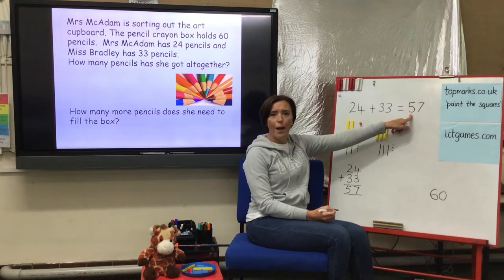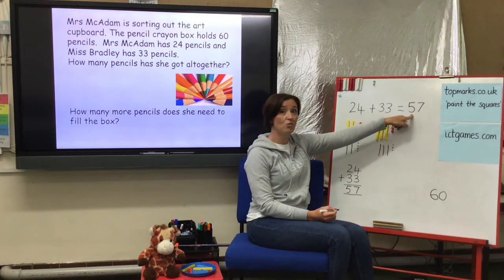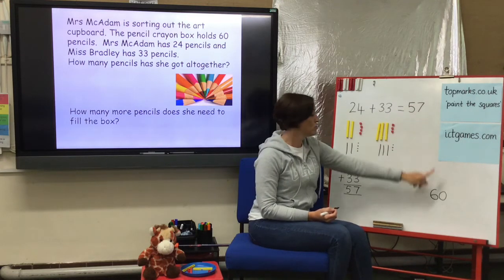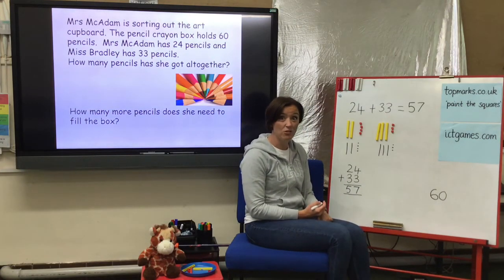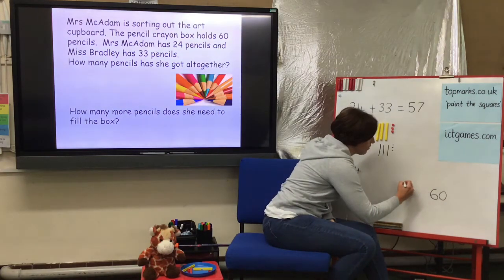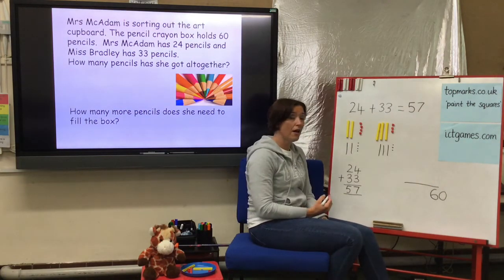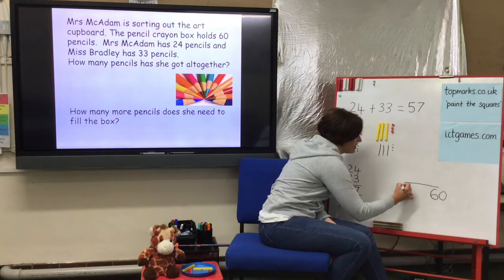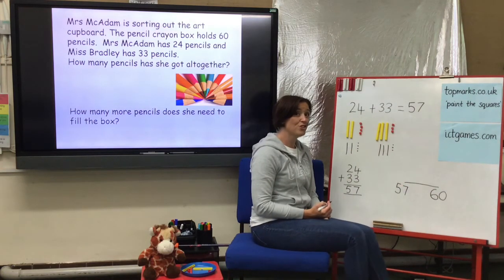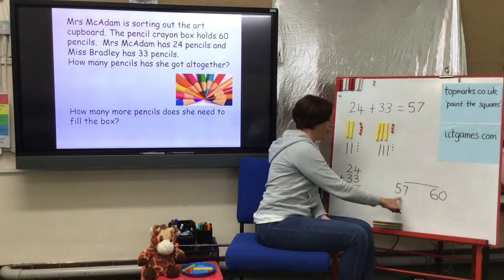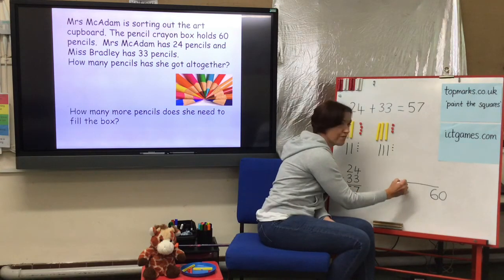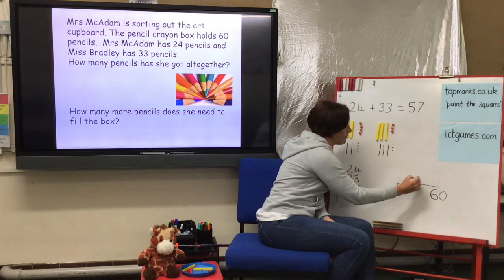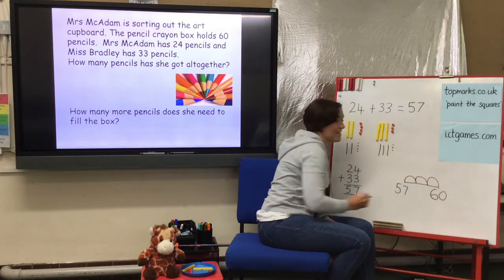So we need to know how many more pencils we need to add on to 57 to get to 60. Now to do this, I would draw a little number line. Okay, so I've got 60 at one end, I draw my number line, and then I'm starting from 57, okay? And I want to know how many jumps it takes me to get from 57 to 60. So I'm going to start here with 57 in my head, and then I'm going to count on 58, 59, 60, okay?